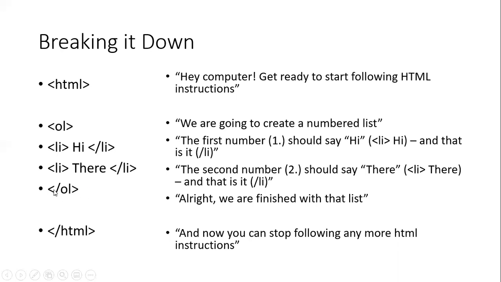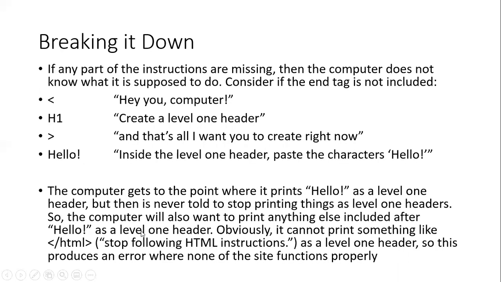That's all we want in our list. So we're done with the list. Now that we've done that, we're ready for you to stop following HTML instructions. We're done with that. That would create an ordered list on your website that would show up and just say, number 1, hi, number 2, there, and that's it.